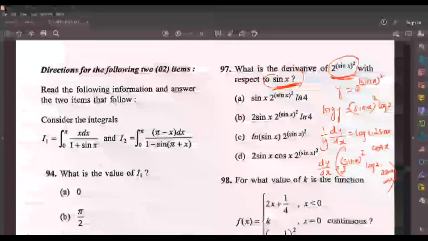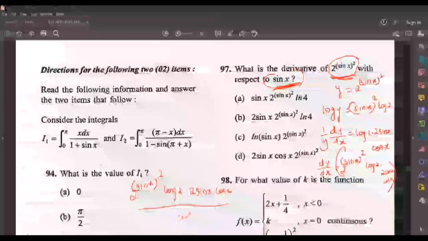So I'm just dividing 2 raised to sin x the whole square log 2 into 2 sin x cos x by cos x. So cos x will go. So my answer is 2 sin x log 2 into 2 raised to sin x the whole square.